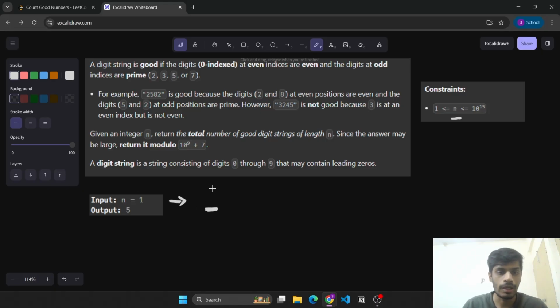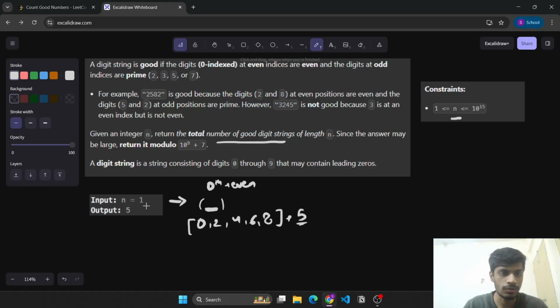Since this is the 0th index, which is even, we can only fill even values here. The even values possible are 0, 2, 4, 6 and 8. Hence there are 5 possible ways to fill this position, and there will be 5 total good digit strings for n equals 1. Hence the output is 5.